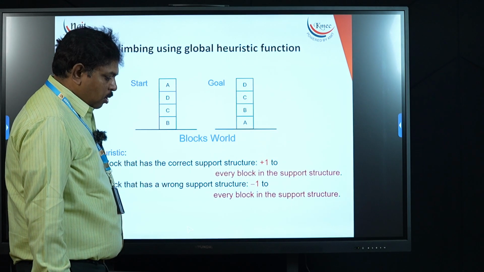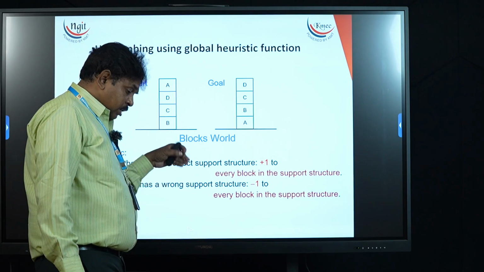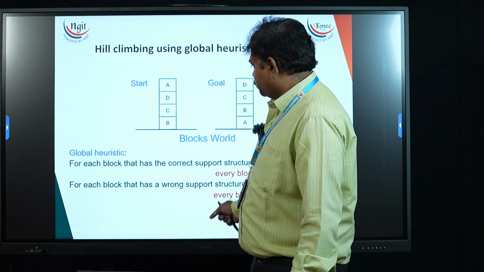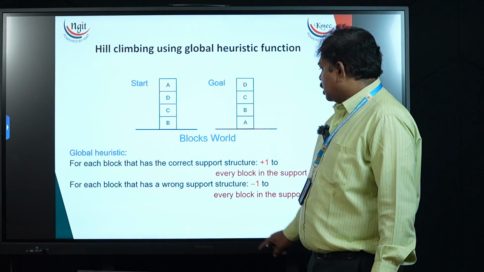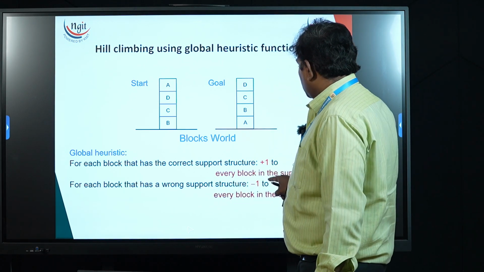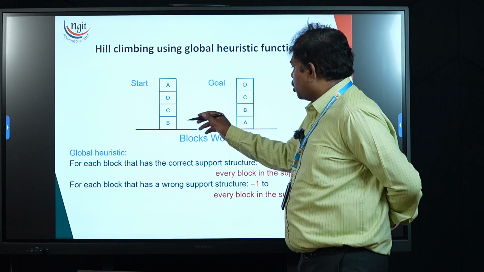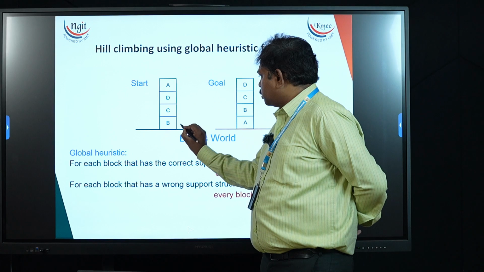Next, the second way: now I change my heuristic function in a different way. For each block that has a correct support structure, plus 1; that has a wrong support structure, minus 1. Suppose you see this is the block, here it starts with 0.